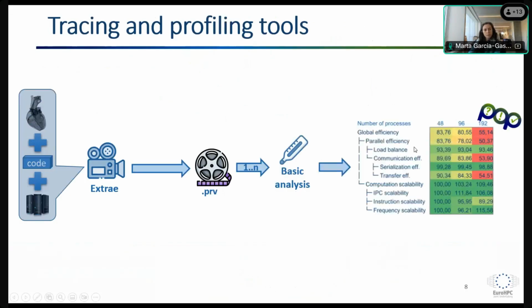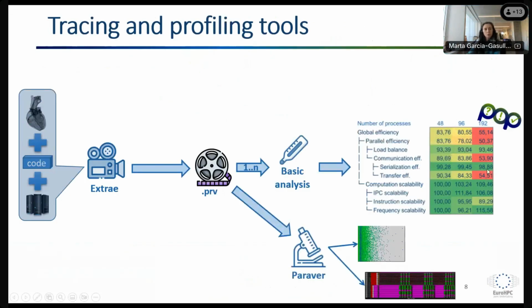This is an automatic computation of efficiency metrics that tell us the main efficiency issues of this execution. These efficiency metrics will tell us where to look when we analyze the trace in detail with Paraver, which is the other flagship tool of the BSC tools. This visualizer will allow us to do the detailed analysis of what we have in that trace.